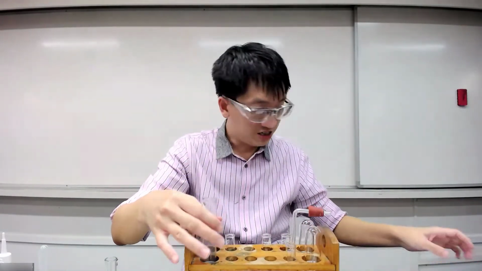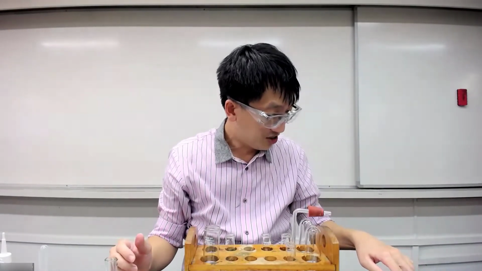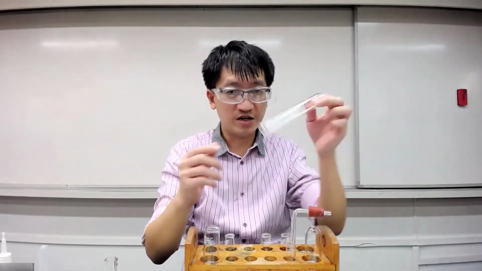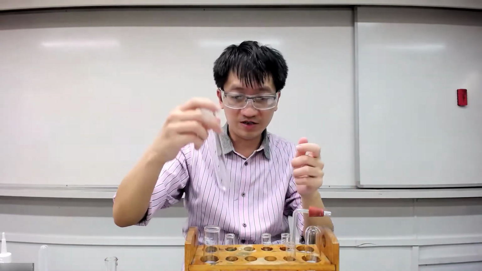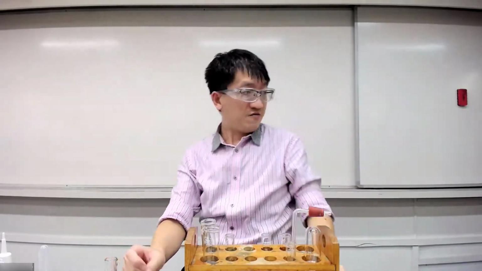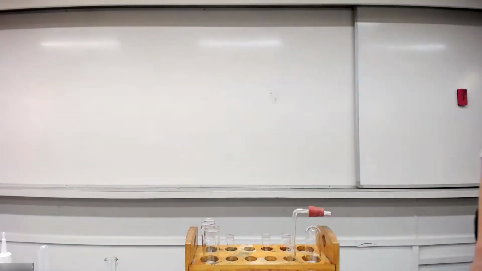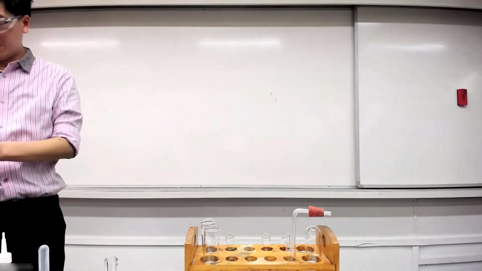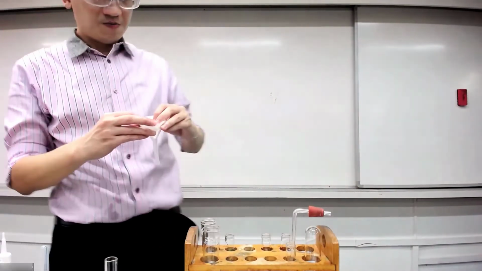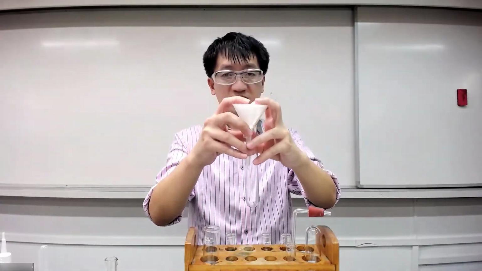If you follow the instruction next, they ask you to filter the mixture. Filter the mixture to where? So probably filter to another boiling tube. So we'll try to do the filtering. I'll use a filter funnel. Fold the filter paper. Okay, I just want you to take note of the color.